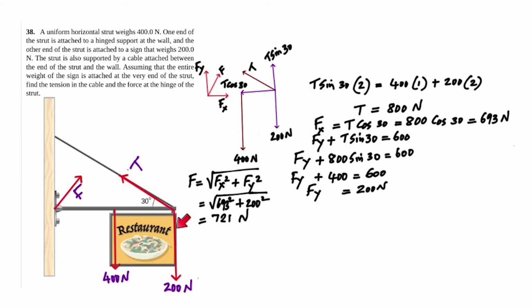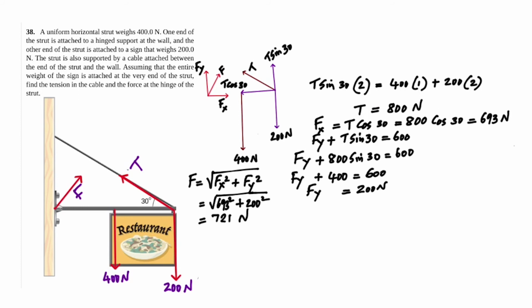One of them would be 200 times 2, and the other one would be 400 times 1. Is there any torque due to this? Nothing, because it's acting right at that point. So that's why you see this. Counterclockwise torque is equal to the sum of the 2 clockwise. And from there I get the tension. See, tension is 800 Newton.